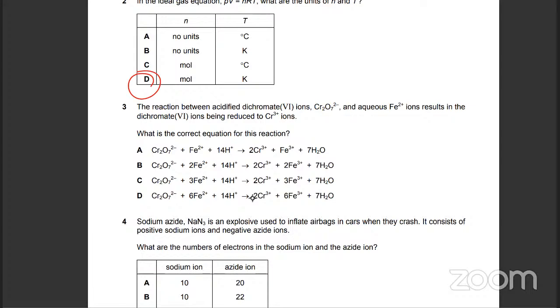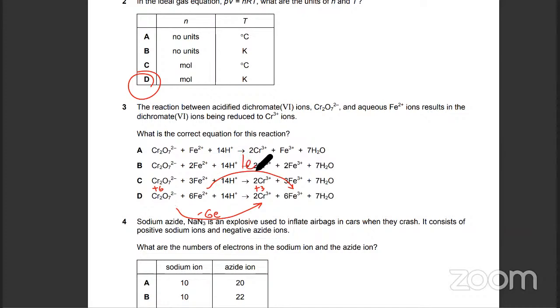So I think it's the last one, because Cr is +6 and this is +3. So that's a gain of how many electrons? That's a gain of 6 electrons. Why 6? Because you have 2 Crs. Fe is oxidised, +2 to +3. So it lost just 1 electron, right?